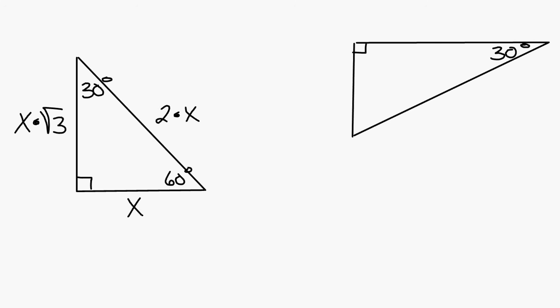You can be given one of the sides and asked to find the other leg or the hypotenuse. In this case, the short leg x is equal to 12 divided by the square root of 3. And you type it in your calculator. 6.9.